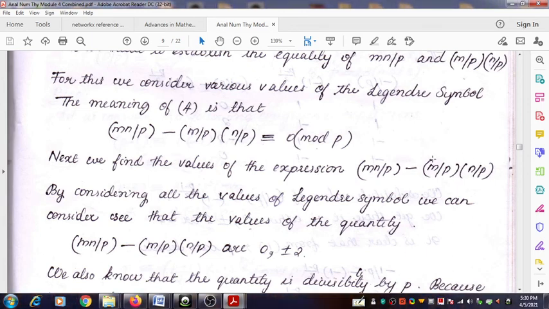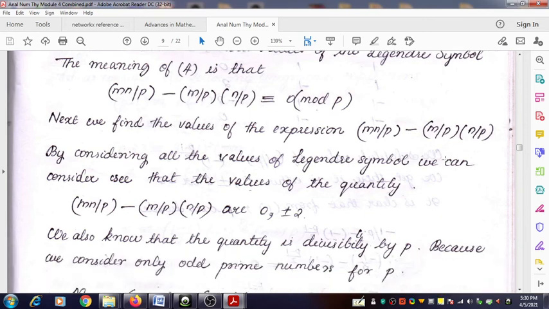For evaluating the possible values, we take that quantity and substitute the possible values at the three places. For example, here one of the values, you can consider 0. When we consider 0 and suppose this quantity equals 0, then irrespective of the actual value of the third quantity, you get 0 minus 0 equal to 0.